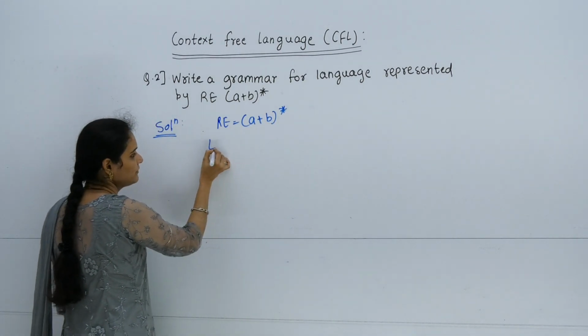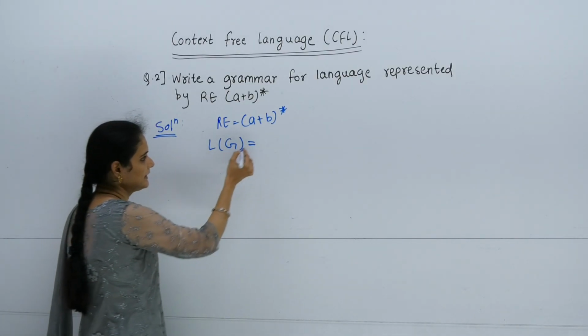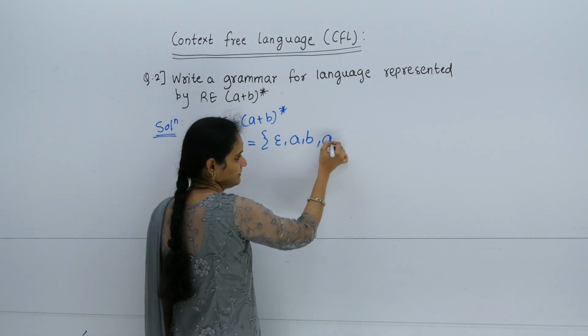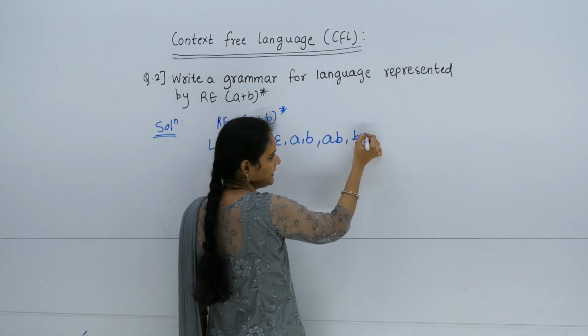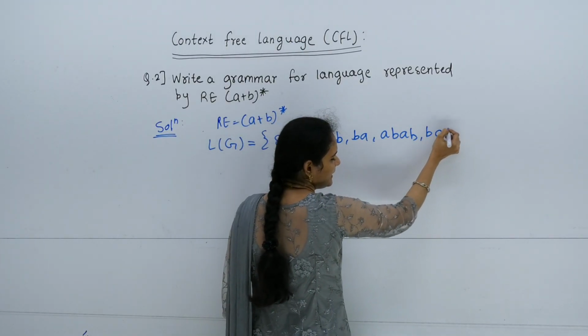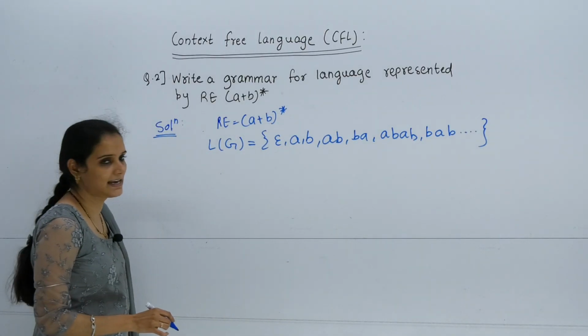The language of that particular regular expression accepts null, a, b, ab, abb, bab, like this combination of a's and b's.